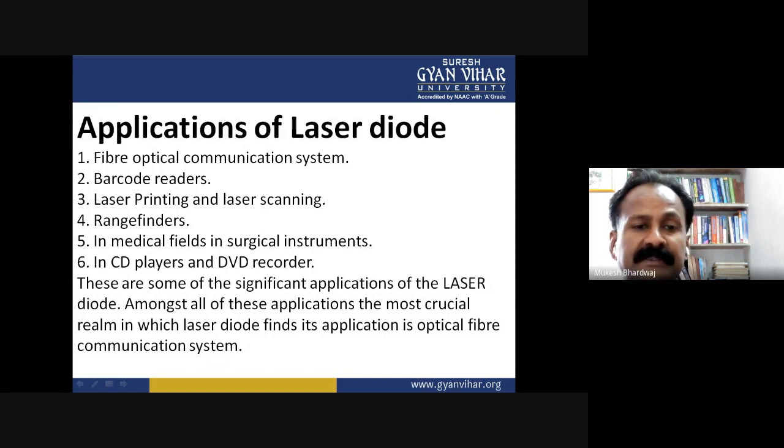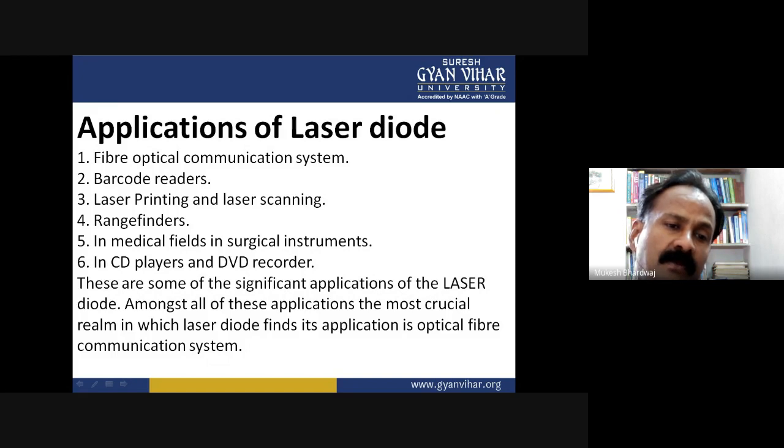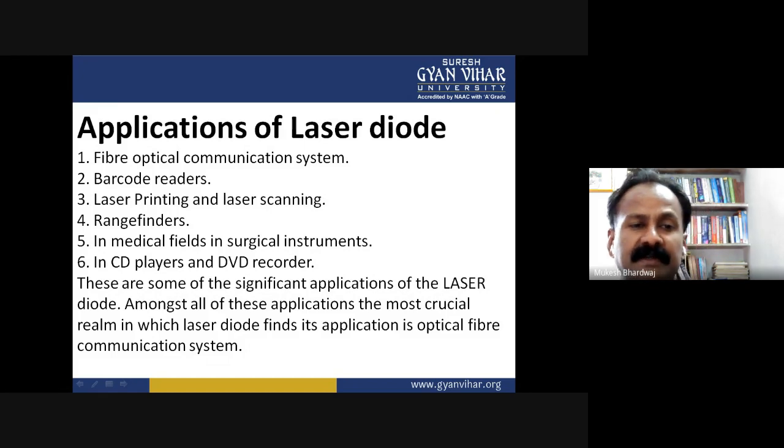Laser printing and laser scanning, range finders. This is a military application. By the name itself, it defines that you are finding some range, how far that is. So we use the laser as the source, and the application of laser diode is mostly used in range finders.